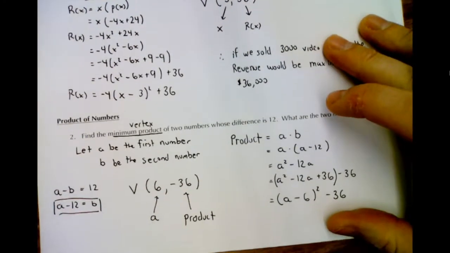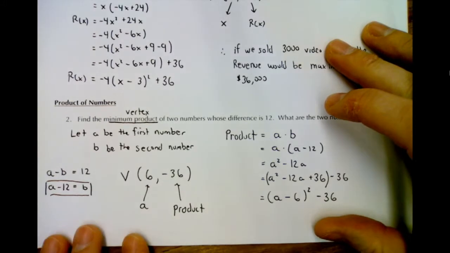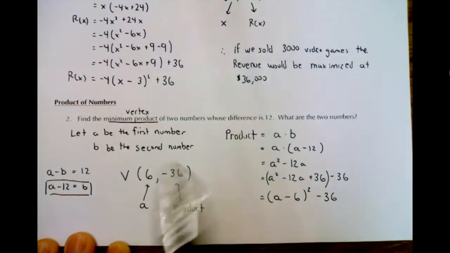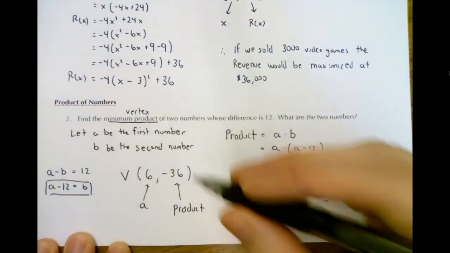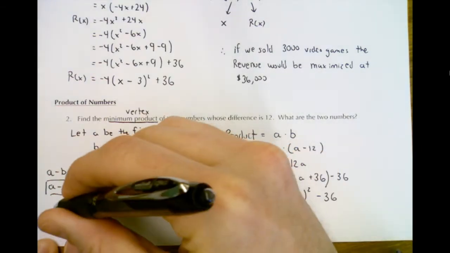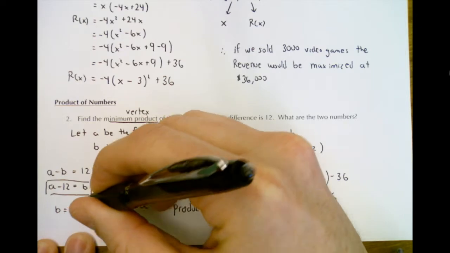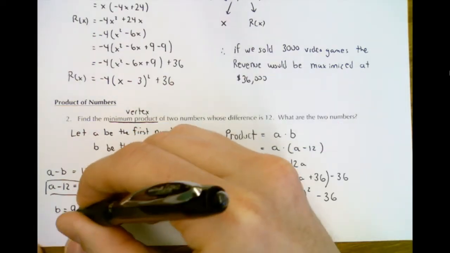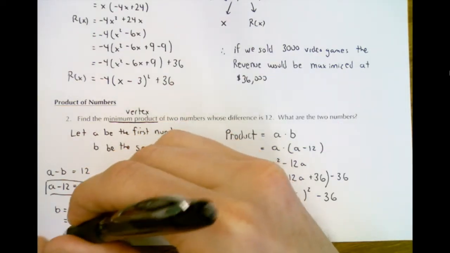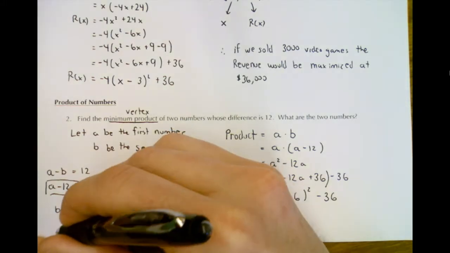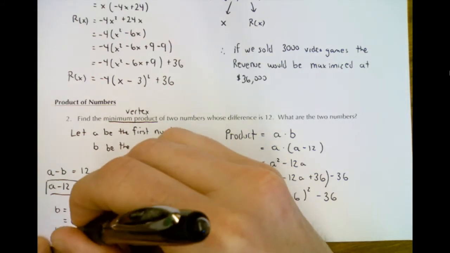So therefore, if the first number is 6, what's the second number? Well, back over here, b would be a minus 12. A is 6. 6 minus 12 is negative 6. So b is negative 6.